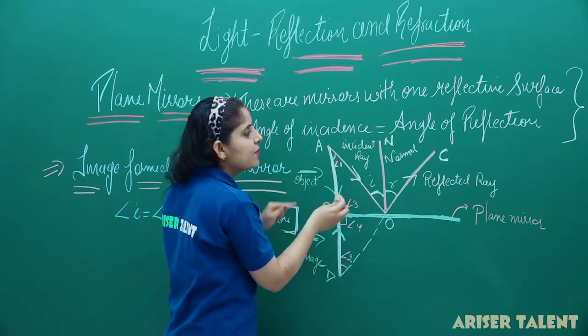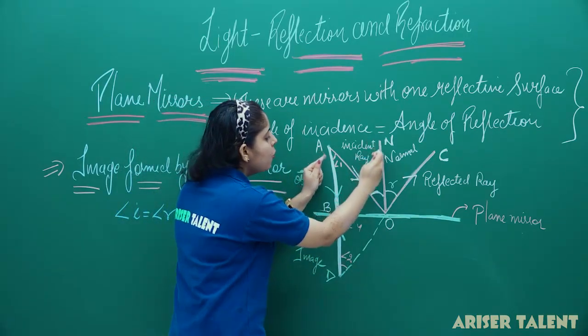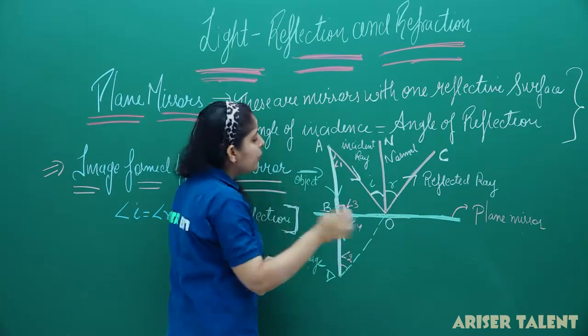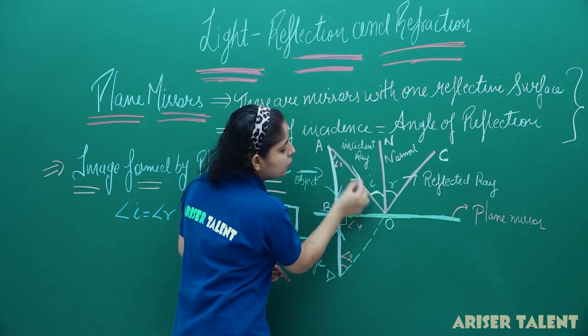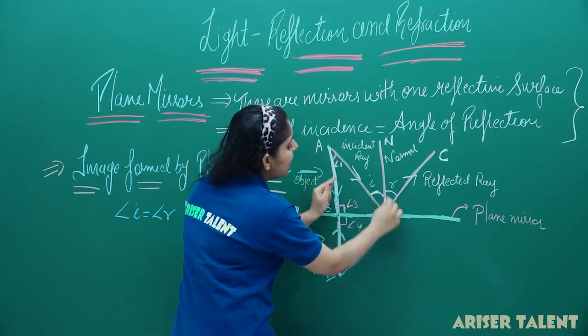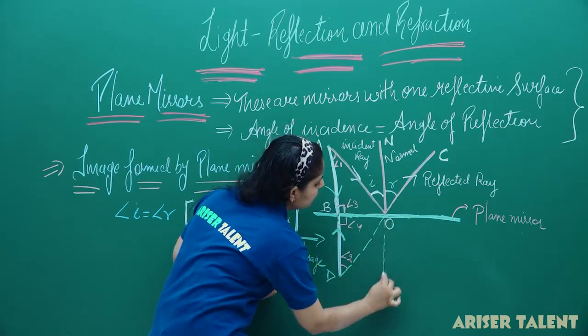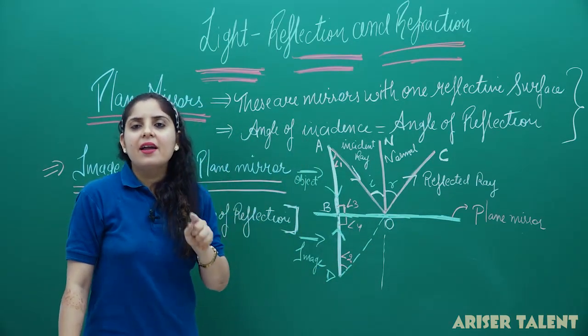This is according to the law we have discussed in maths. These are two lines parallel to each other and this transversal is cutting them. So I can conclude that if these are two parallel rays, the alternate interior angles are equal.